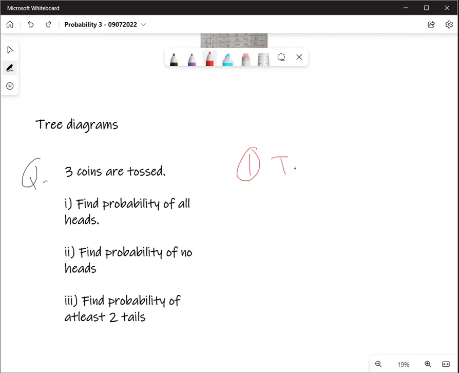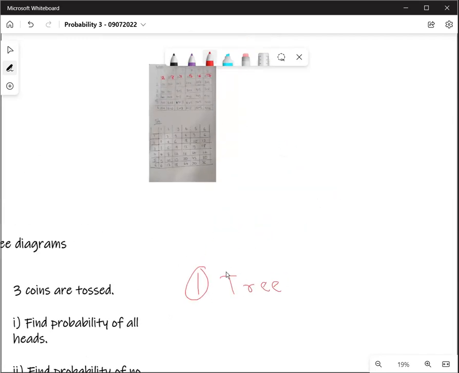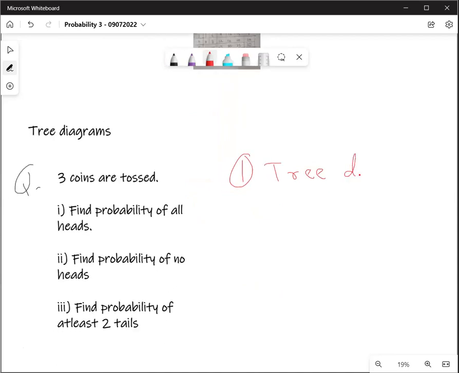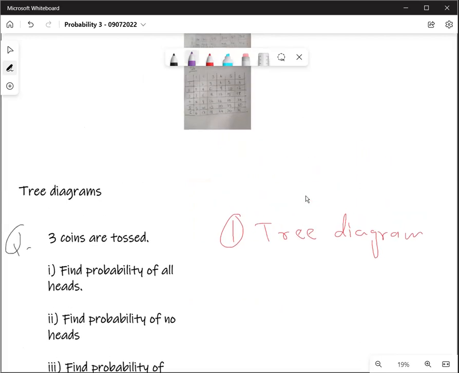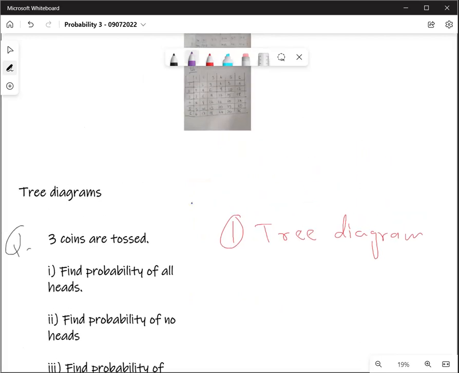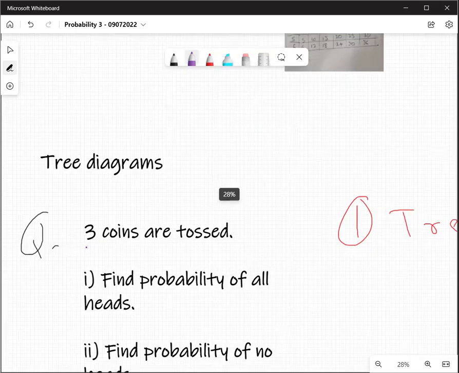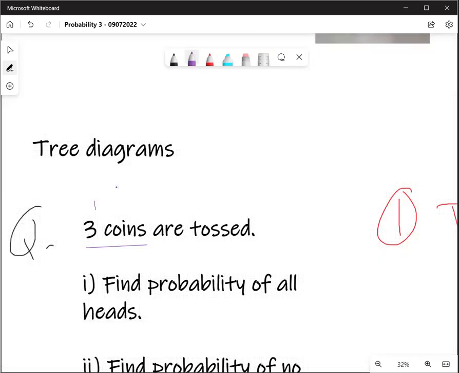Now, Manvi, why are we doing a tree diagram and not the square diagram in this case? Any guesses? Because they asked for it. No, they never ask for this. They will ask for tree diagrams, yeah. But if they don't ask, it's your choice. But the issue is, how many coins are tossed here? 3, right?